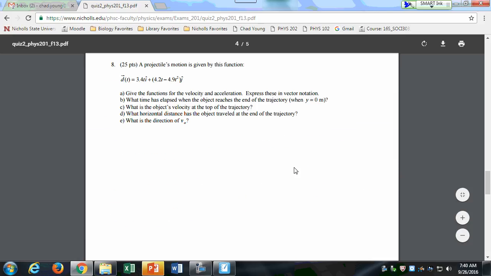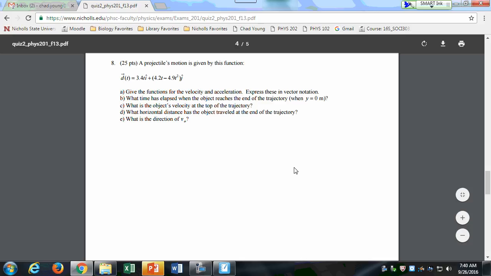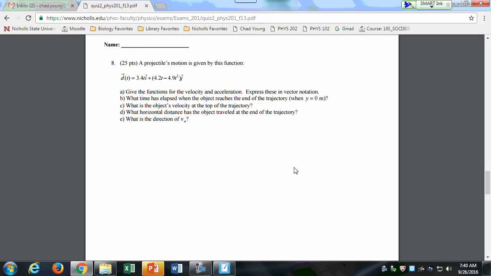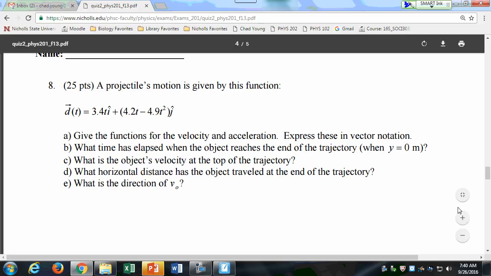What will be on the test? This one, number 8. Zoom in a little bit so y'all can see. This is more of an example of what you won't see on the exam. We haven't spent a whole lot of time on these type of problems where we deal with the vector notation.